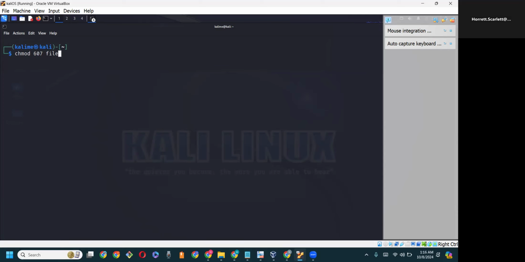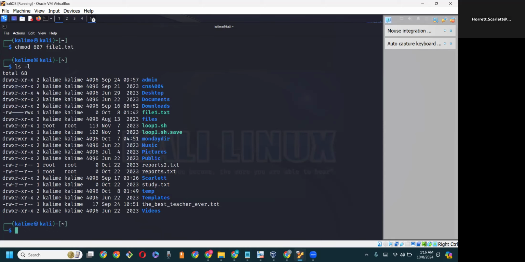And it's file1.txt. And if we go and have a look at what obtains, then please note, we have now turned on the read and the write for the user. We have left the read, write, and execute on for others. And we have also ensured that nothing is set for the group.